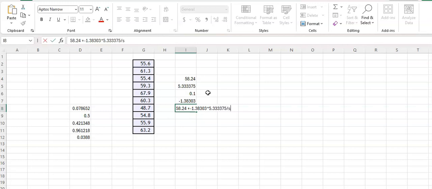So we're going to have 1.38303 times the standard deviation of 5.333375 divided by, and I don't know how to do square root in Excel, so I'm just going to write square root of our sample size, which is 10. All right, so the big thing here, and then you, of course, can do the same calculations in your calculator like you did with the bigger sample.